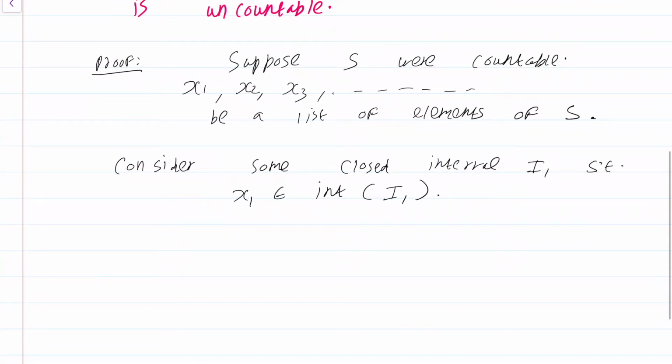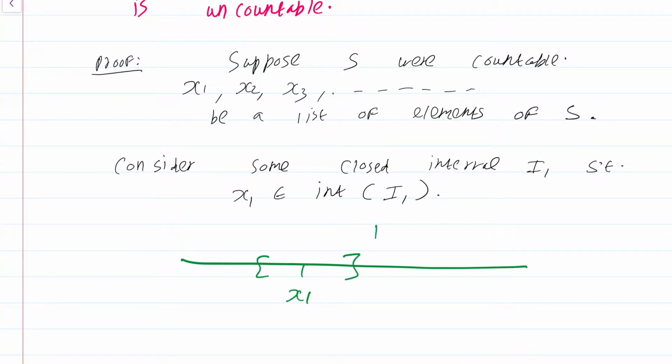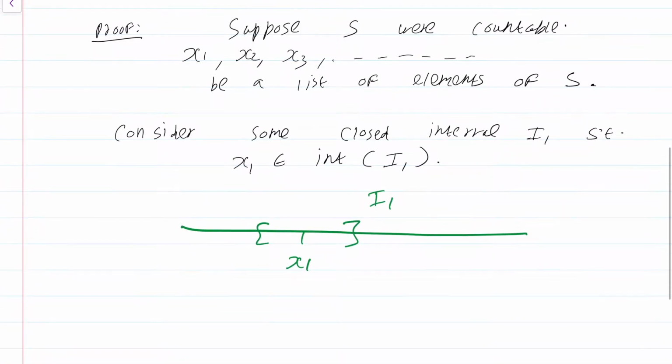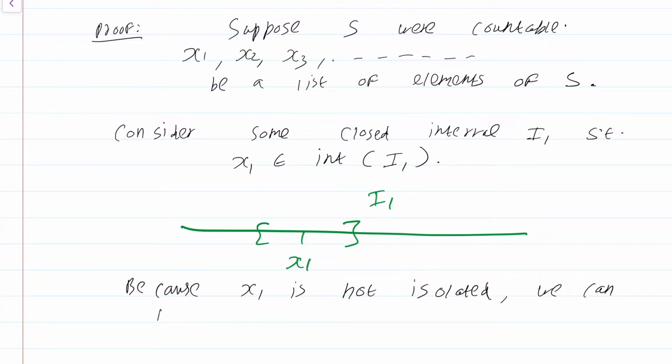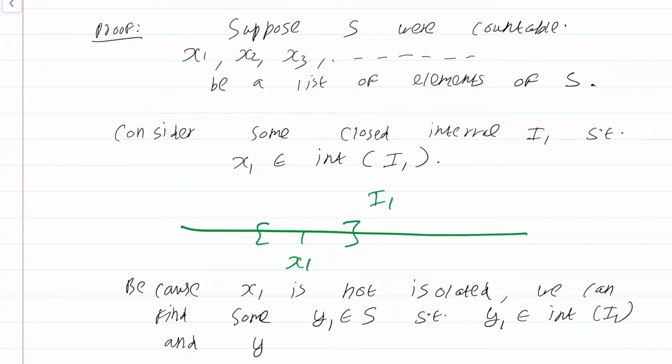So again, a picture is worth 1,000 proofs. So you have x1 and you have this interval I1. Now because x1 is not isolated, it's a limit point, we can find some y1 in this set S such that y1 is in the interior of I1 and y1 is not equal to x1.